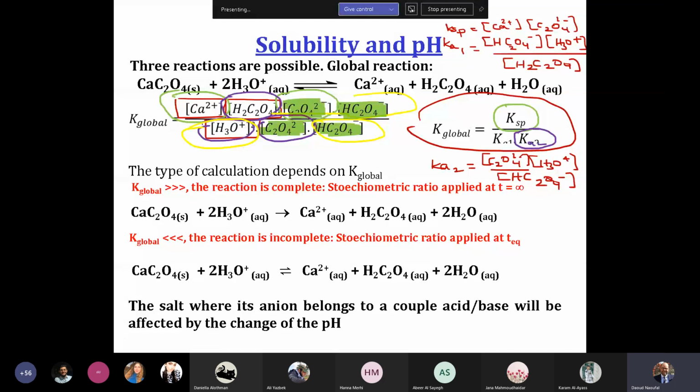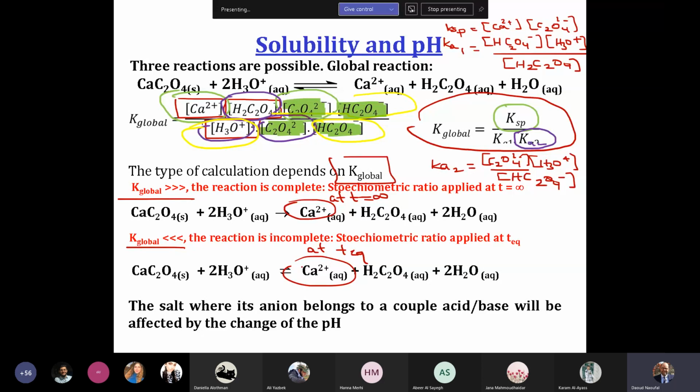This is question 1. Now we have to know from the value of K global whether the reaction is complete or incomplete. If the reaction is complete, we calculate Ca2+ at t equal infinity. If the reaction is incomplete, we calculate Ca2+ at t equilibrium. So the value of K global is an indication. If K global is very high, the reaction is complete.